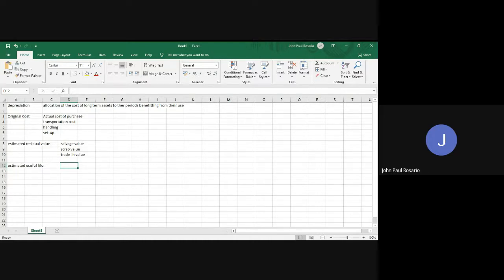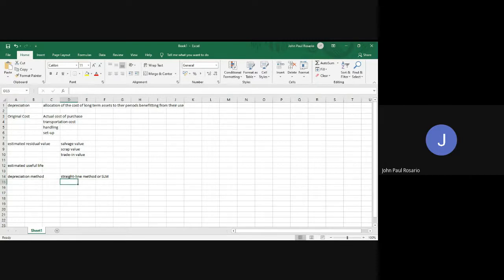And lastly we have our depreciation method. In this video we will only be covering four depreciation methods, because these are the usual methods used for financial statement reporting. So we have the straight line method, which we also sometimes call SLM depreciation.